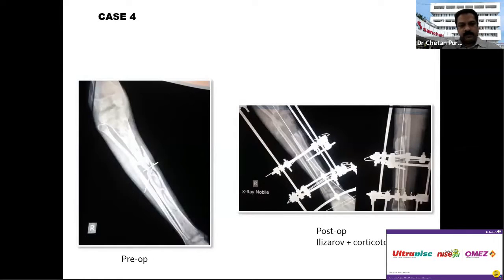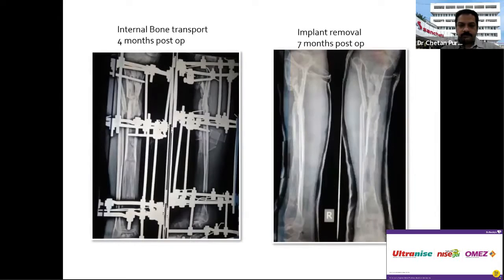So next case, again a compound tibia operated previously elsewhere with multiple K-wires which are serving no purpose towards stabilizing the bone except maybe devascularizing it. So again the same technique, excise all the necrotic bone, do a distal tibial corticotomy, do bone transport over an intramedullary wire.